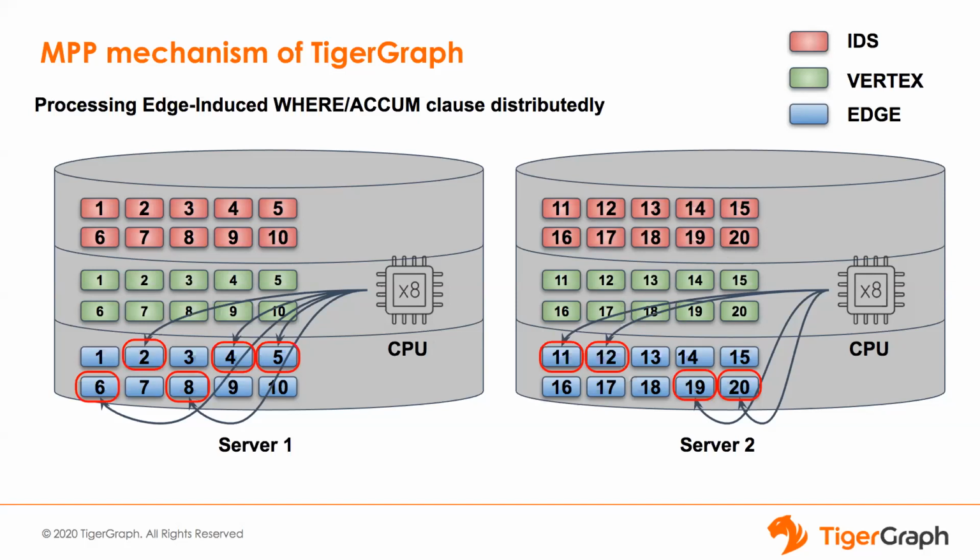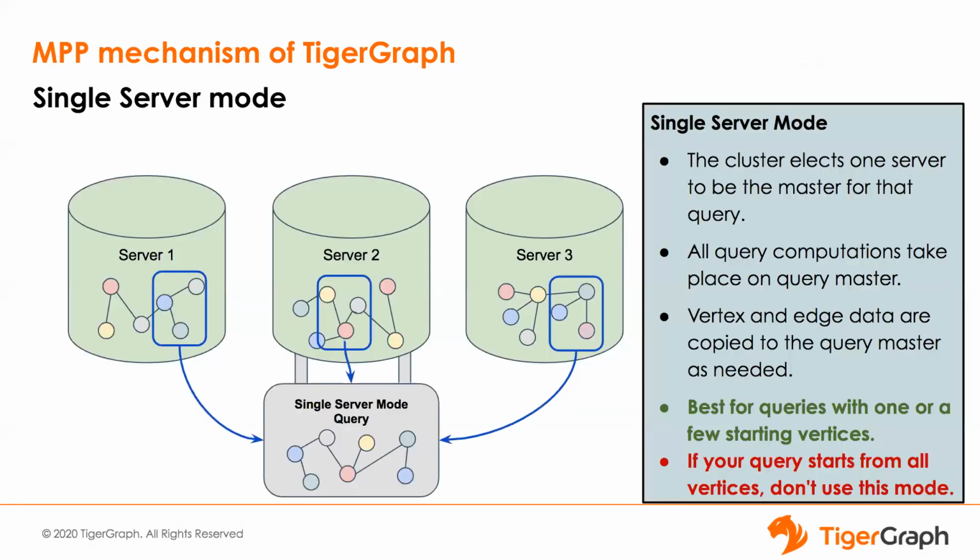Okay, so coming to running a query distributedly, we actually have two execution modes. Those are single server mode and distributed mode. When you define a query, by default, it runs in single server mode. So if you have stored the data distributedly, and each server stores about 1/3 of the data, and now say server 2 received the request and starts to run the query in single server mode.